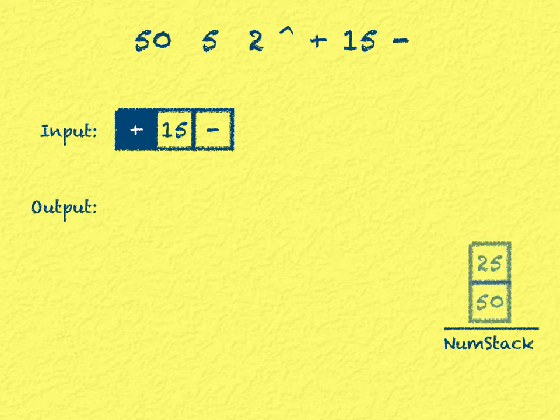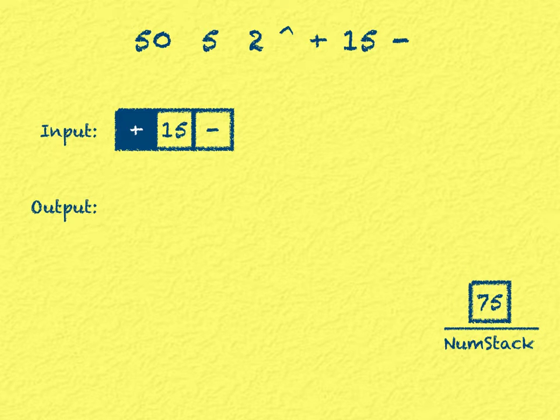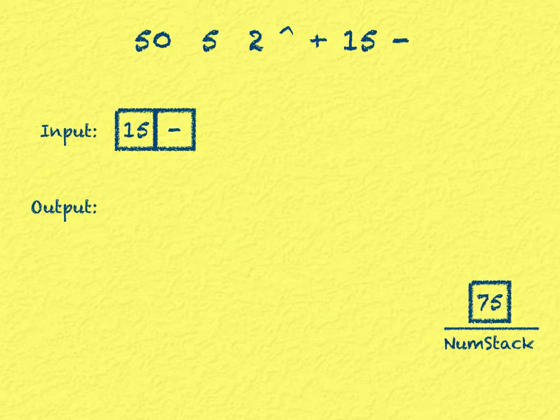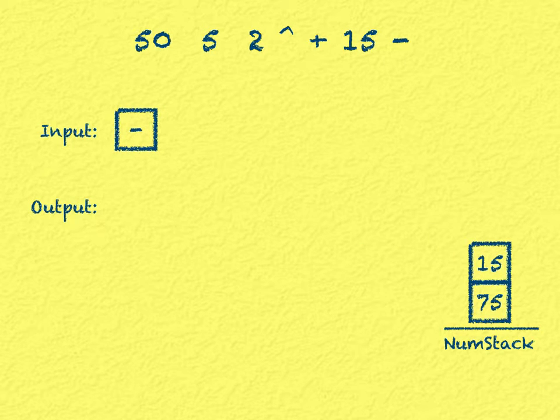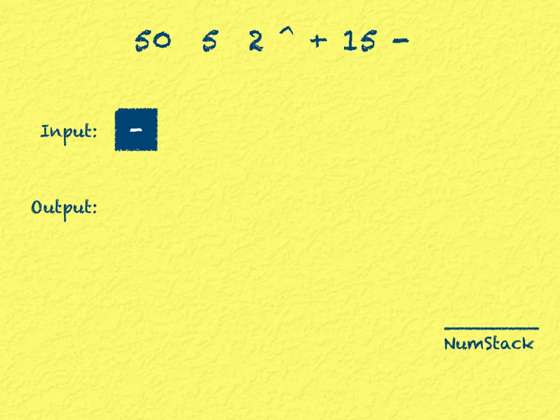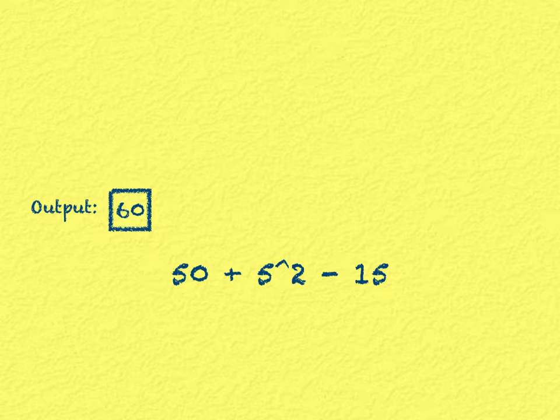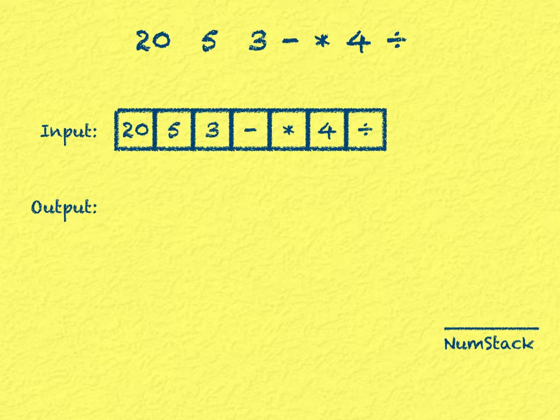Apply that to the top two operands. And we get 75. Throw away the plus. 15 is a number. Put it on the stack. Minus is an operator. Apply it to the top two operands. And we get 60. The input is empty, so 60 will be our final answer.